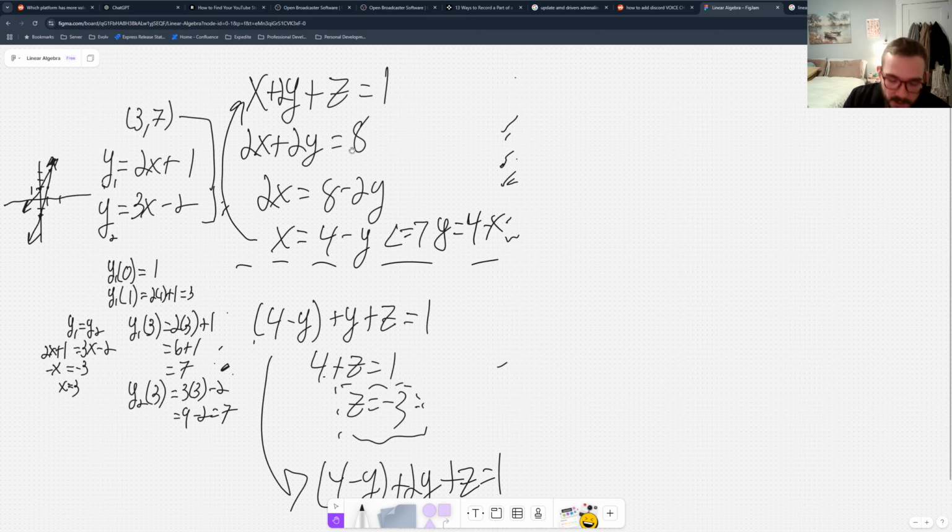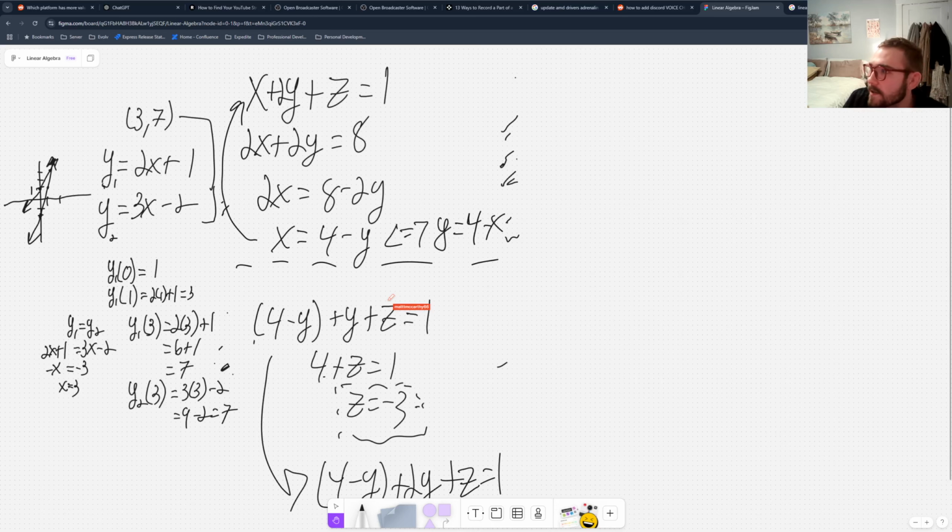And then I'm going to substitute it all in. And then I'm going to use the next equation. If we had a third equation from here, I could plug in z, and I could plug in x, and then I could eventually get 3 solutions. So for linear algebra, we're basically doing that.